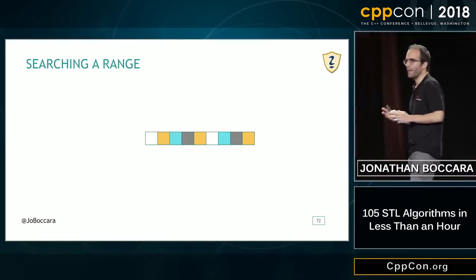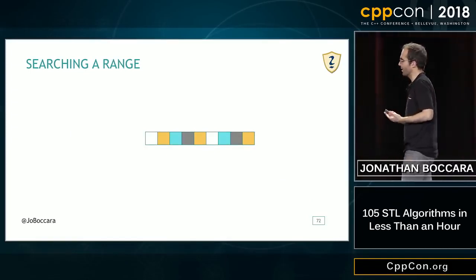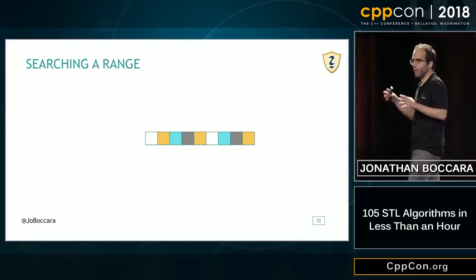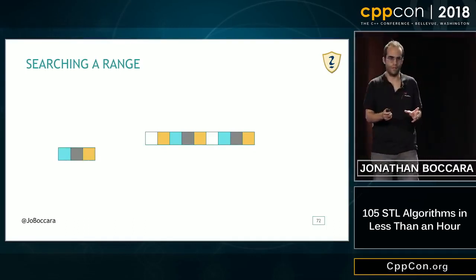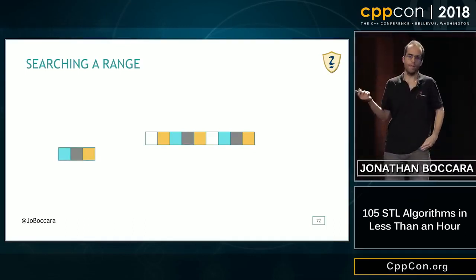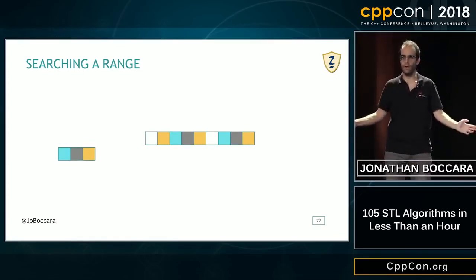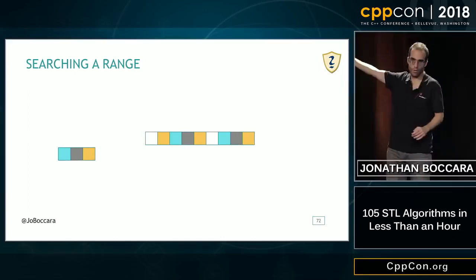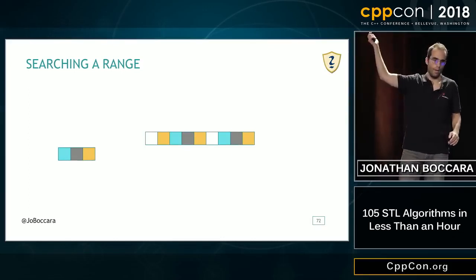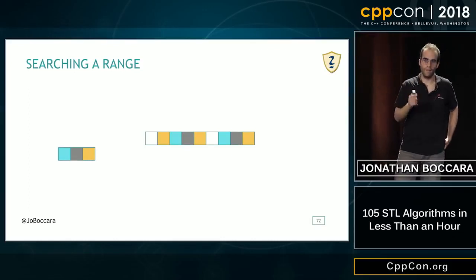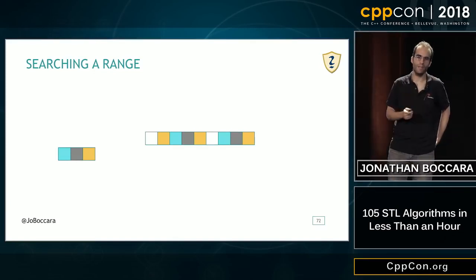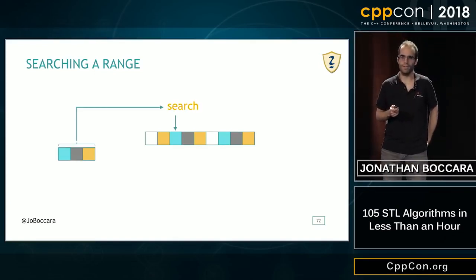Now, we've been looking for one value in a collection, like orange. We can also look for a range of values in a collection, like looking for the first occurrence of a subrange in a big range, like looking for that range on the left in the big range. To do that, there's an algorithm that has a very bizarre name because it's called search.